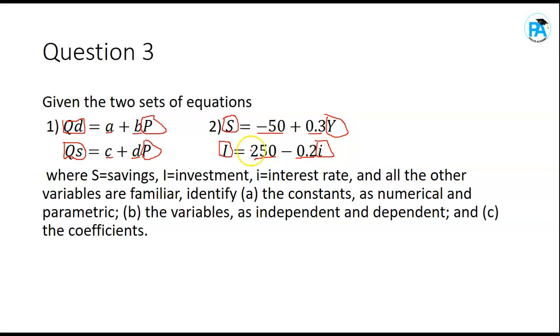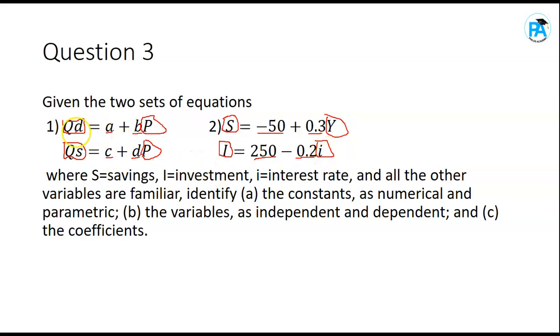The interest rate determines investment, so small i is also independent. The price determines quantity demanded and quantity supplied. Since they depend on price, price is independent, meaning price is controlling them. So price is independent, Y is independent, and small i is independent.